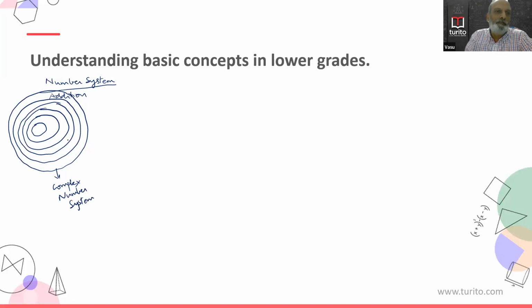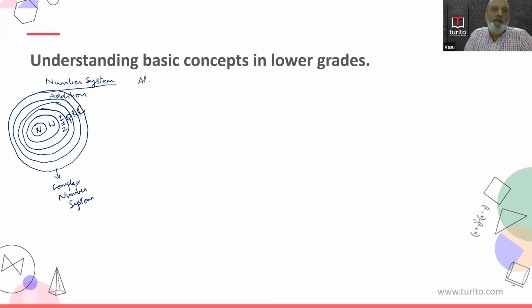So right from the lower grades, when the student understands about natural numbers, whole numbers, what are integers, I or Z it is represented by, then you have the rational numbers, real numbers, and this is the complex number system. This is the biggest system. In 11th and 12th grades, it is understood.